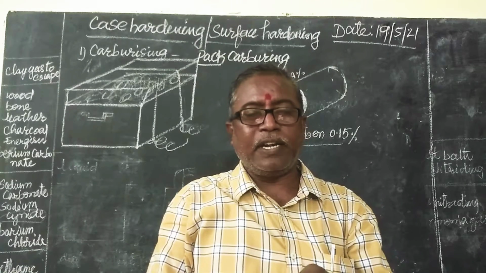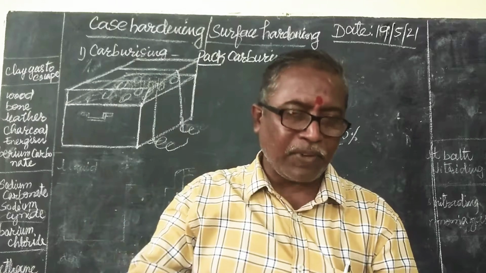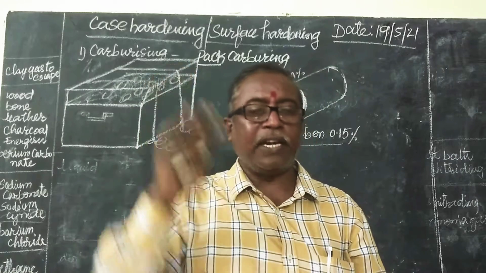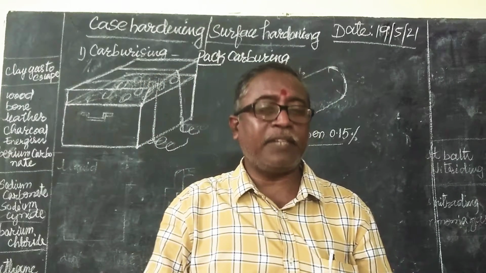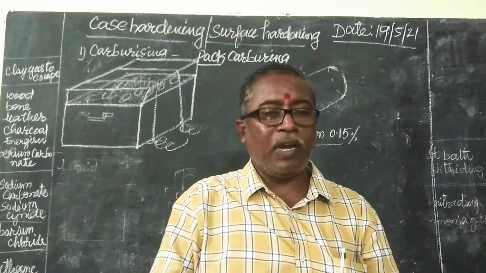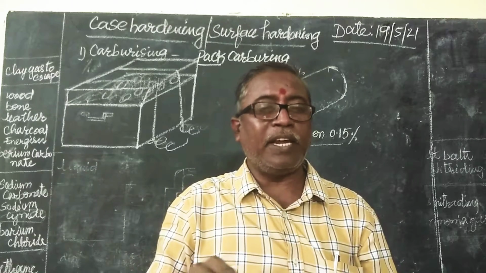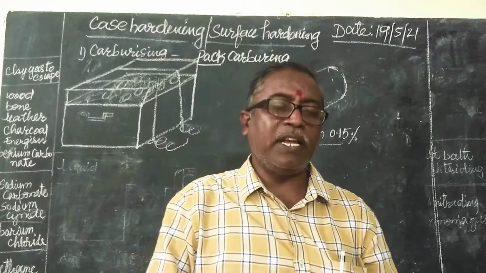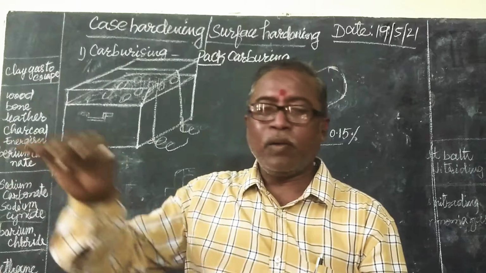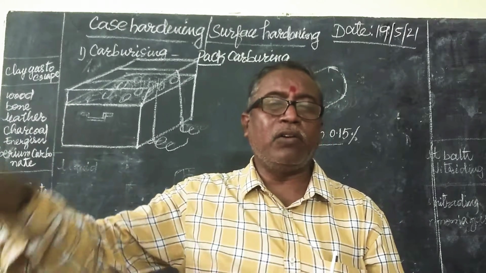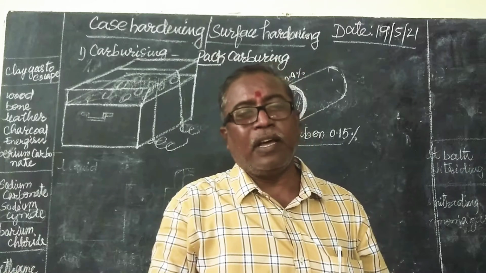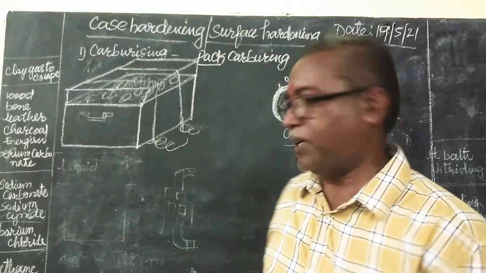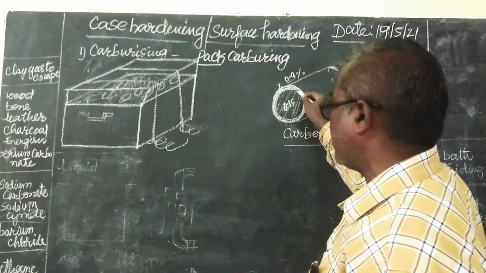After tightening, put it in the furnace and heat up to 870 degrees centigrade. Soaking time will depend upon the thickness of the job. After soaking, it is cooled slowly and put in oil or water, depending on the quench required. So put it in the water.